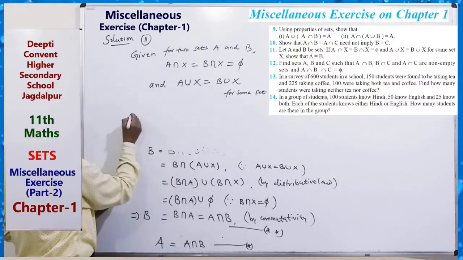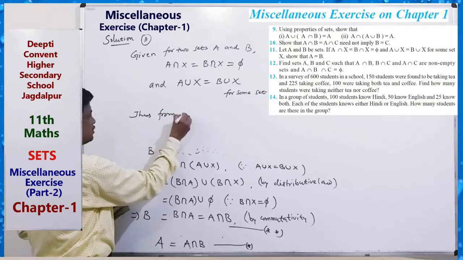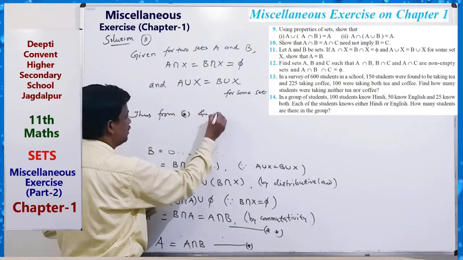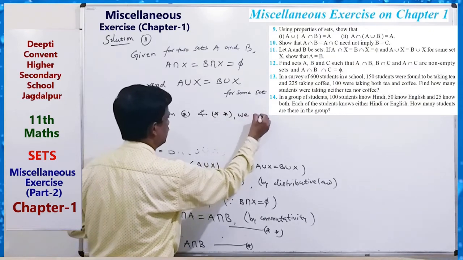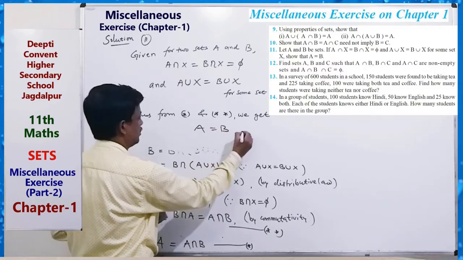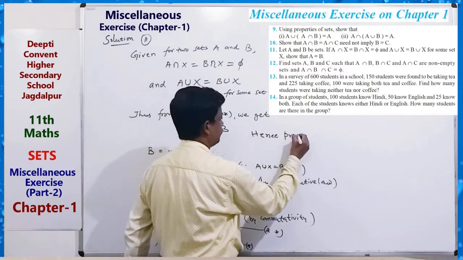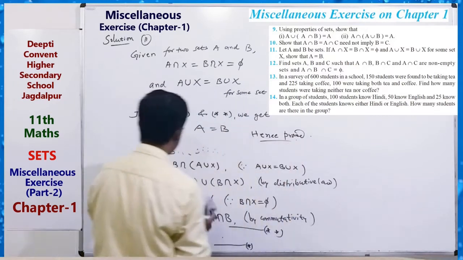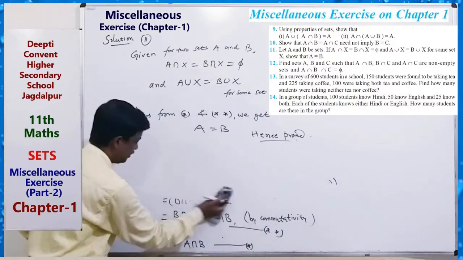So finally you can write thus from star and double star we get A equals B. Hence proved. Okay, so this was the solution of question 11.